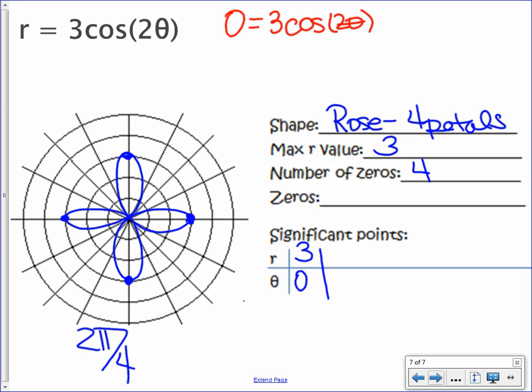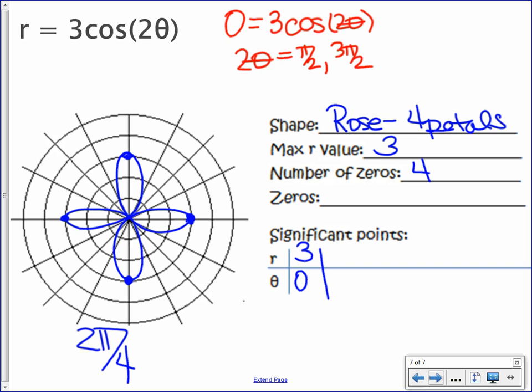Do you have zeros for us? Dylan, what do you have so far? You plug in 0 for r, right? Yep. And then you try to find where cosine is 0, so that would be what 2 theta is. 2 theta is pi over 2 and 3 pi over 2. Good. But we need 4 of them, right?